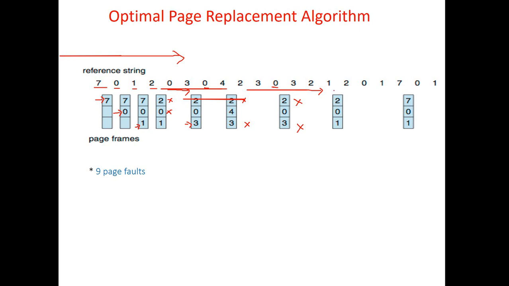So 0 is replacing the page number 4. Like this the process continues, and the number of page faults in this optimal page replacement algorithm are 9 page faults. It is better than the FIFO page replacement algorithm.